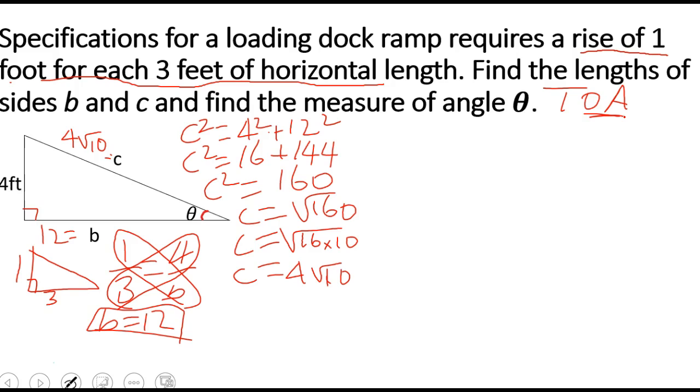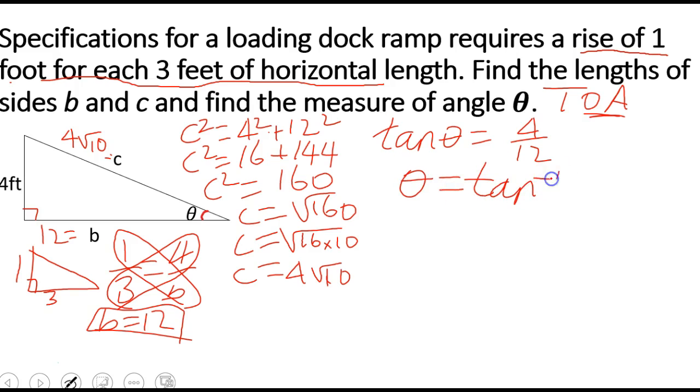Opposite and adjacent. So let's make sure the order, opposite comes first. It's on top there. So tan theta is opposite, which is 4, over adjacent, which is 12. So to find angle theta, we are going to take the inverse of tan of 4 over 12. And plug it into your calculator.